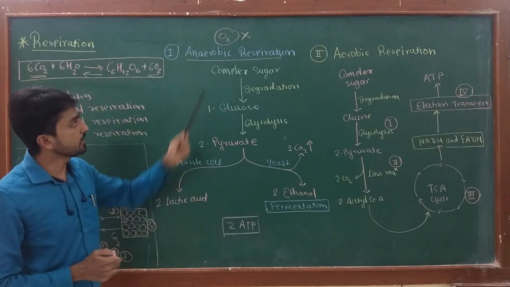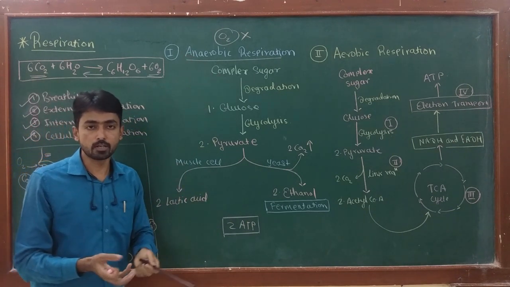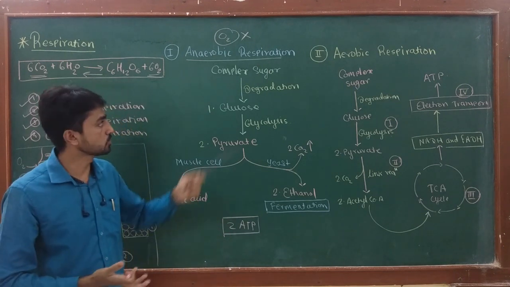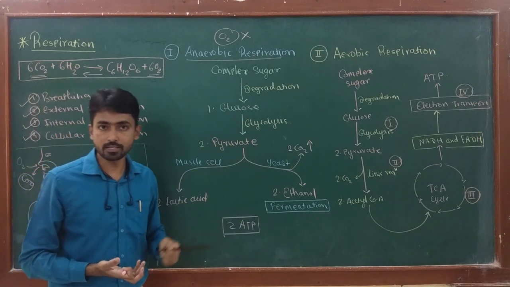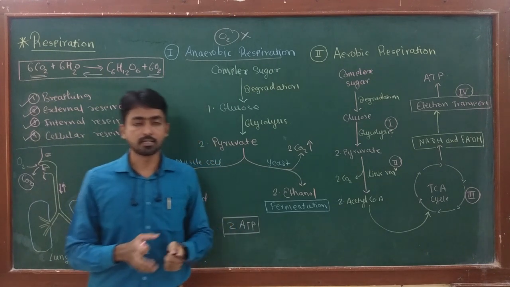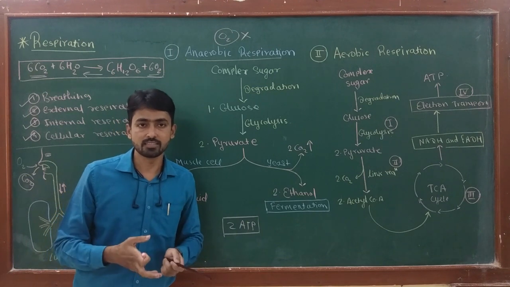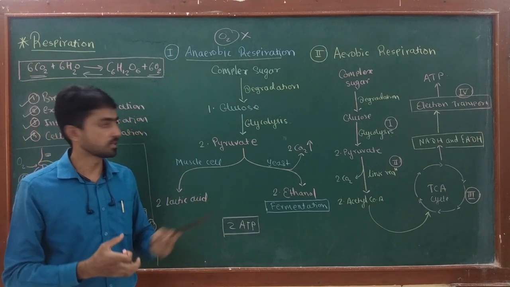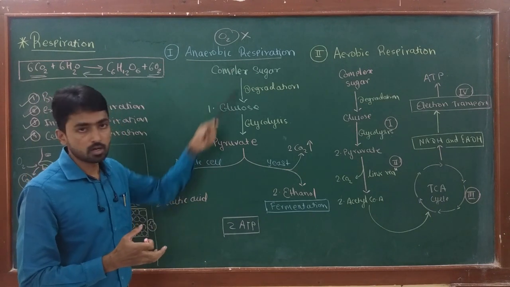In anaerobic respiration, first the complex sugar or complex food material we eat is converted into simple form by degradation. So complex sugar is converted into simple sugar like glucose by the process of degradation. All types of food substances that contain macromolecules like carbohydrates, proteins, lipids, and fatty acids are finally converted into simple sugars like glucose and some other components of the anaerobic pathway.